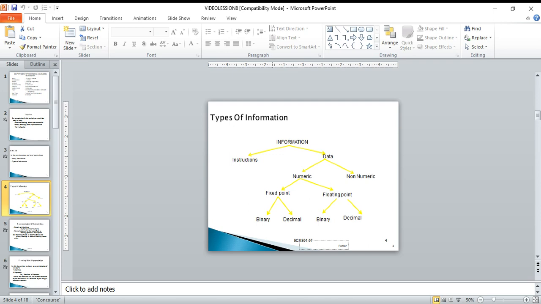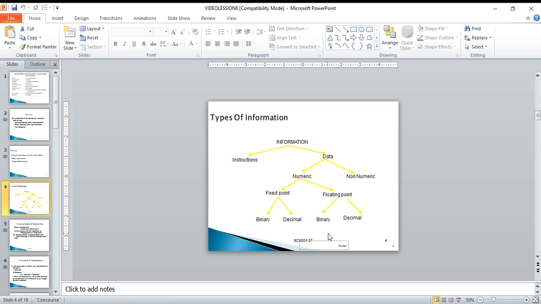Here, fixed point representation is nothing but we fix the decimal point at one place. Either at the leftmost position of the number you can fix it.